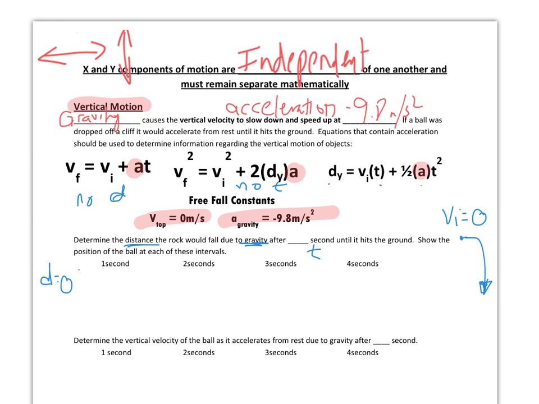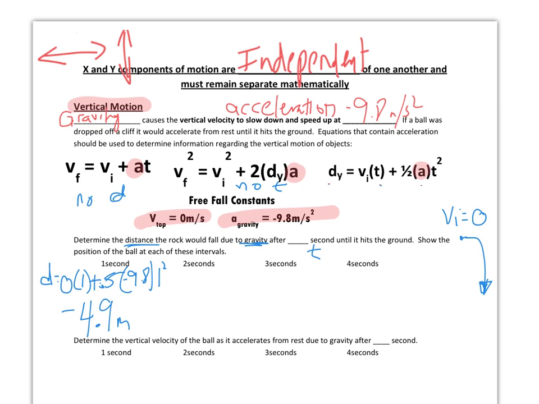So I would use 0 times my first second plus half, which is part of the equation, times gravity, and then my time again, and squared. Simply plug this into the calculator, let the calculator do the work, and my object will fall in the negative direction by about 4.9 meters in that first second.